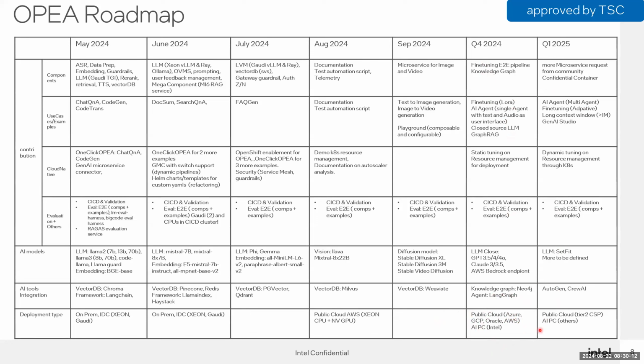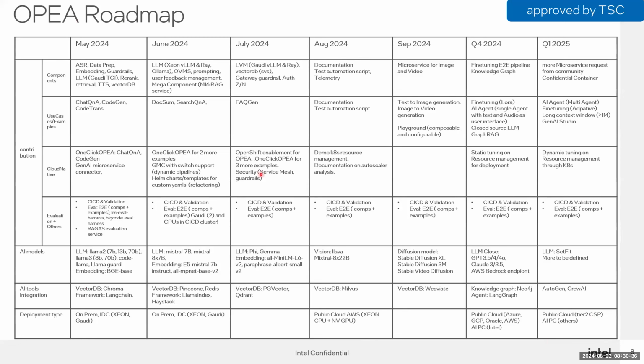And in Q1, we will also be considering other AI PCs like the Apple. Their MacBook may also be in the scope. So overall, we will make sure it is a heterogeneous architecture by supporting the sufficient number of the hardware vendors.